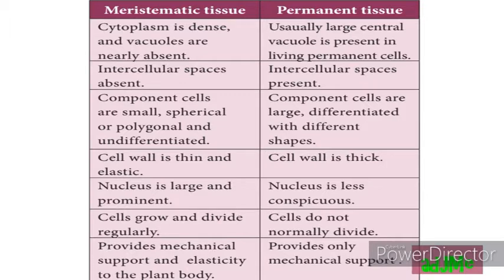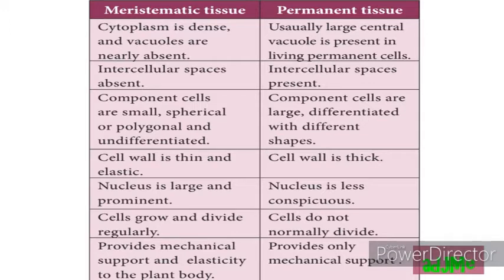They are differentiated into parenchyma or sclerenchyma or collenchyma or xylem or phloem. In meristematic tissue, the cytoplasm is dense. Because of that, vacuoles are absent, almost absent, or very small, and the nucleus is large and prominent. But in permanent tissues, you have less cytoplasm, and you have a large vacuole, and the nucleus is less conspicuous, that is, comparatively smaller than in a meristematic tissue.